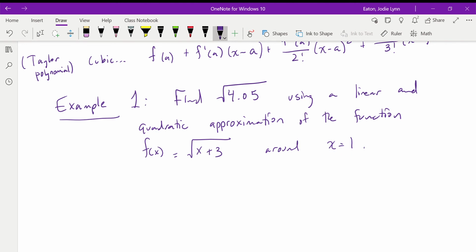Okay, so we're going to be looking at the point where x equals 1.